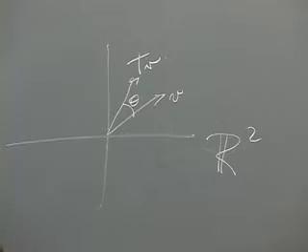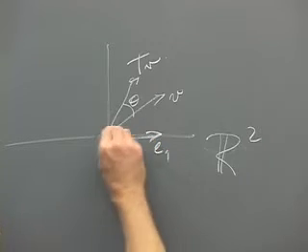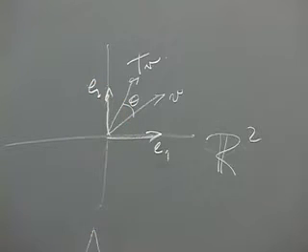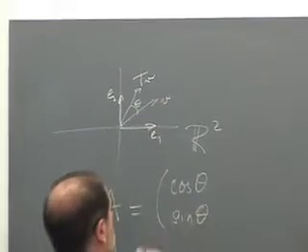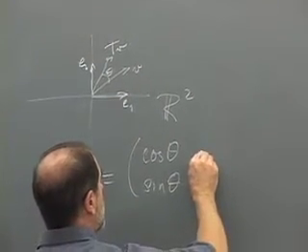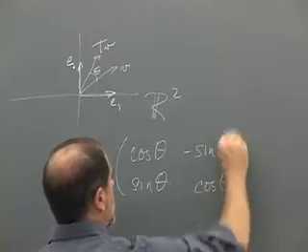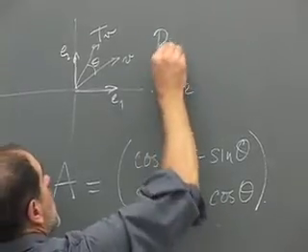That turns out to be a linear transformation. And if you take the matrix of T with respect to the standard basis of R2, it's this matrix: cosine theta, minus sine theta, sine theta, cosine theta. That's the matrix of this rotation through an angle of theta.